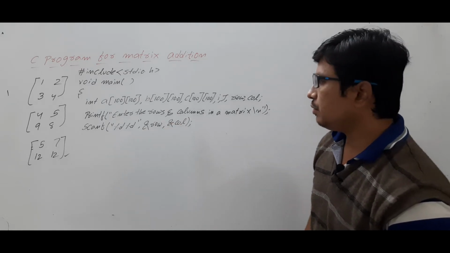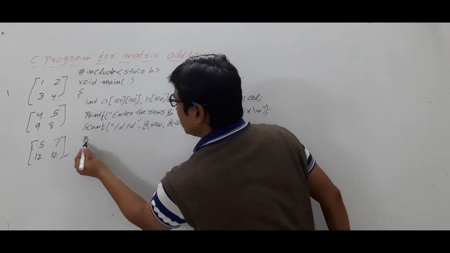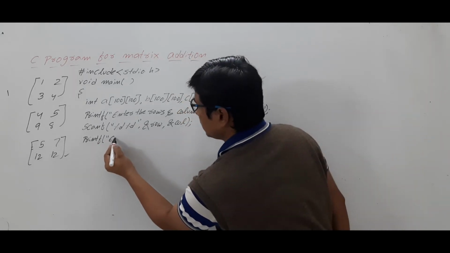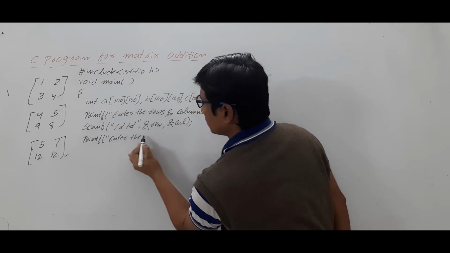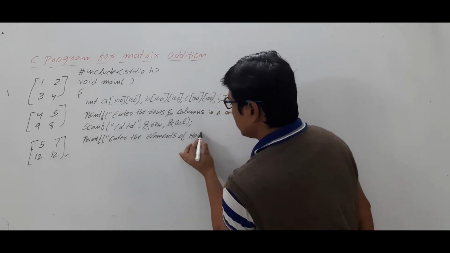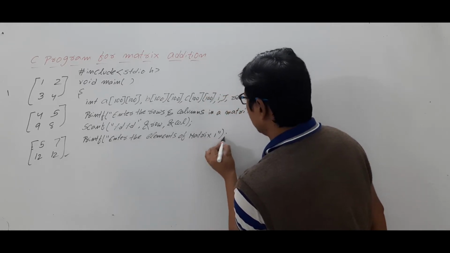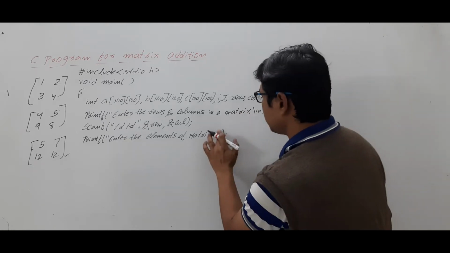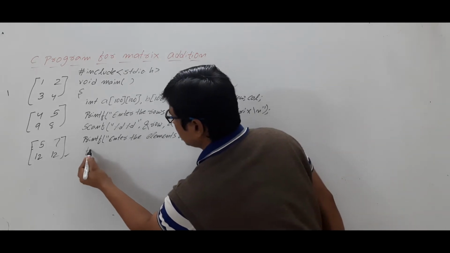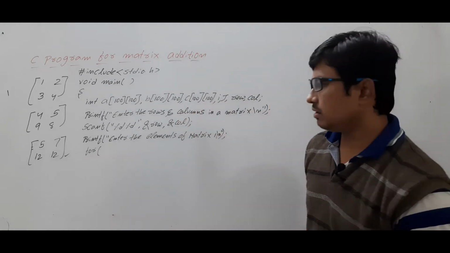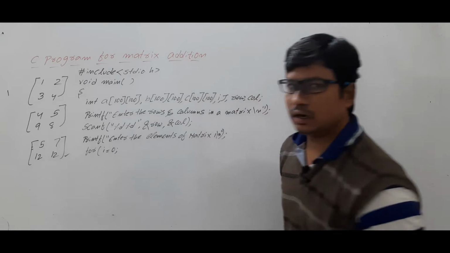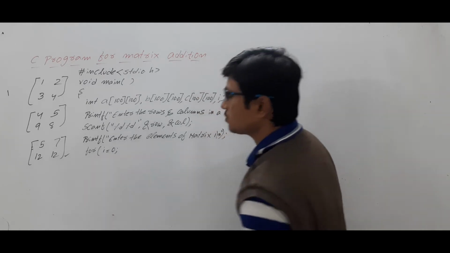Now I got the rows and columns, stored in the variables row and col. Now I need to ask the user to enter the elements of the first matrix: enter the elements of matrix 1, or you can write first matrix, anything. Let me use \n. Whatever values he enters, I need to store them at the address locations. To do that I need nested loops, so I'm using a for loop.